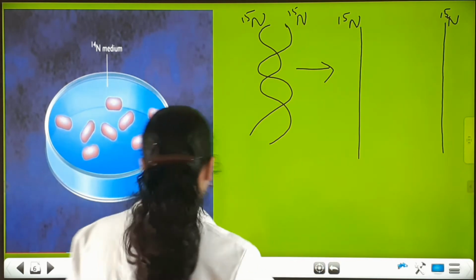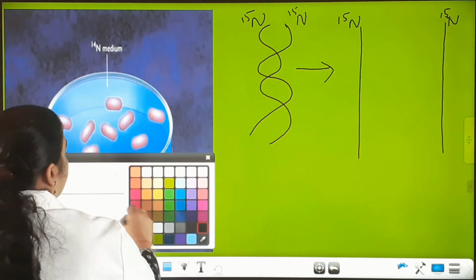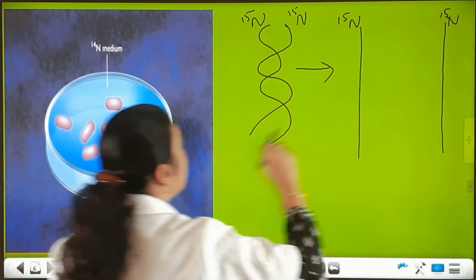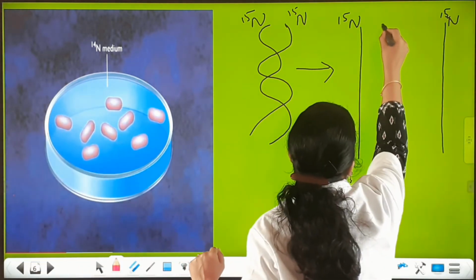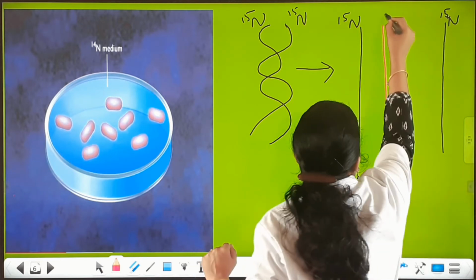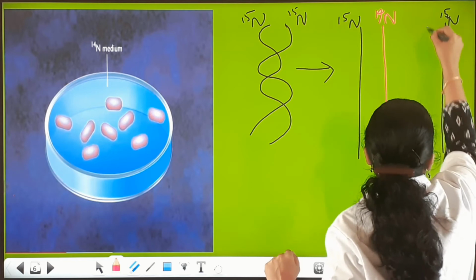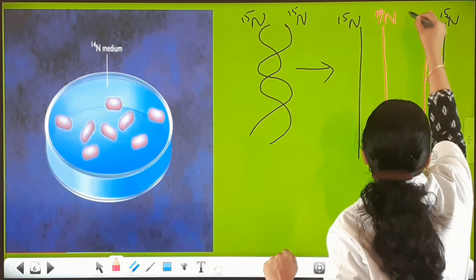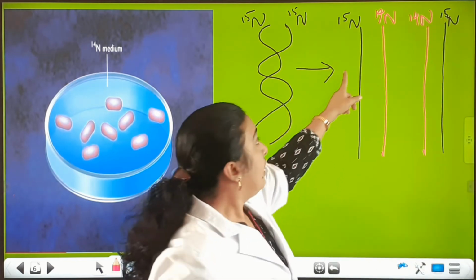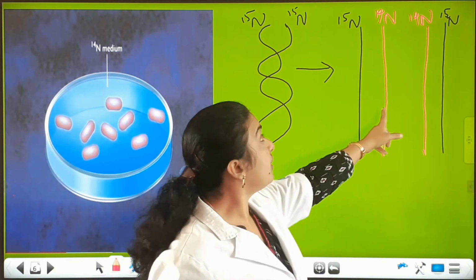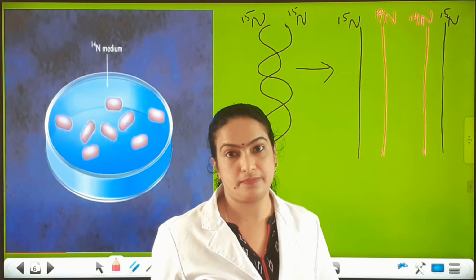And they noticed that a newly formed DNA consists of a hybrid variety. Hybrid variety means it contains two strands. One is with the N15 and another one is with the N14.